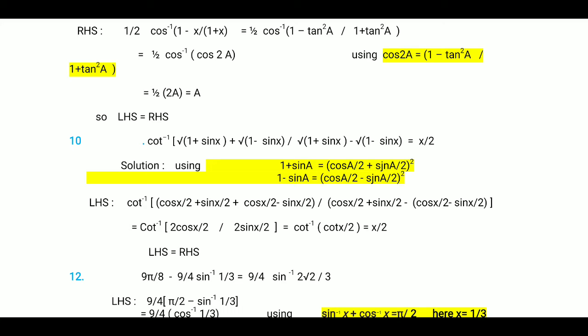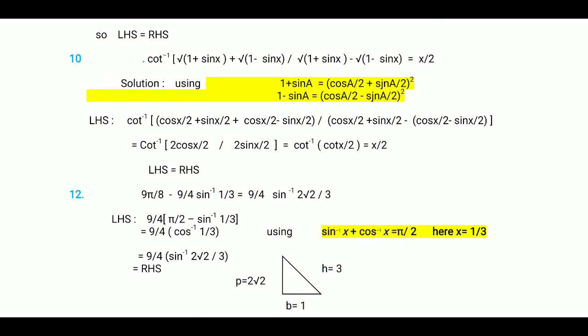Calculating this, we get cot inverse of 2 cos x by 2 upon 2 sin x by 2. Now 2 removes, we get cot inverse cot x by 2. Now cot inverse and cot remove, we get x by 2, which is RHS. Thus we see LHS is equal to RHS, so it is proved.